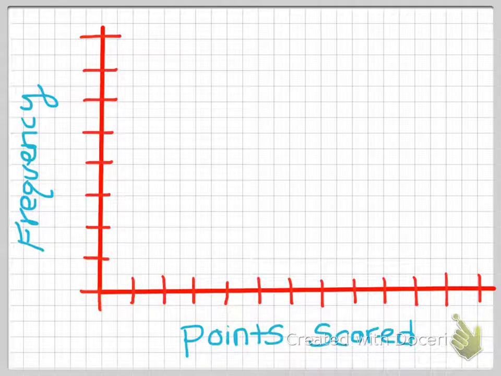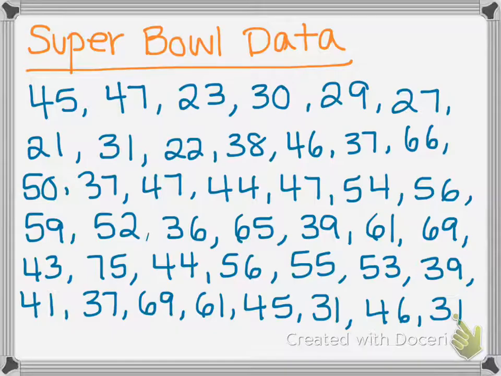So the next thing that we want to do is figure out how we want to count our intervals. Let's start with the points scored. So if we look back at our data, you can see that the lowest scored points in a Super Bowl was 21, and the highest was, I'm sorry, not 77, 75.